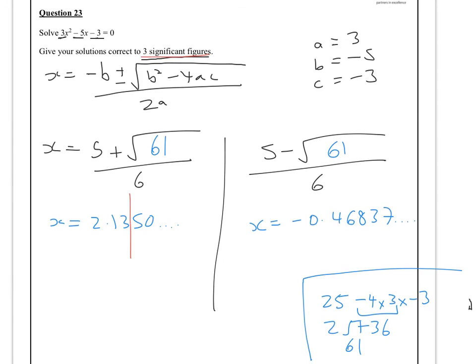So I'm going to cut that one there and going to round this one here as well. This number tells us to round 3 up to a 4, but this 3 tells us to keep the 8 the same. So our two solutions are x equals 2.14 or x equals minus 0.468.